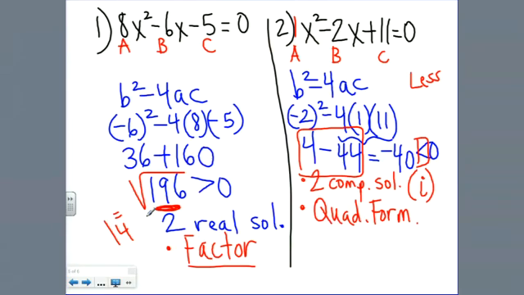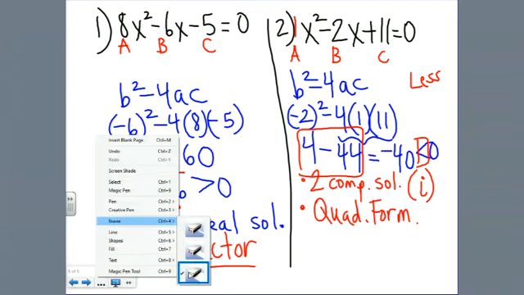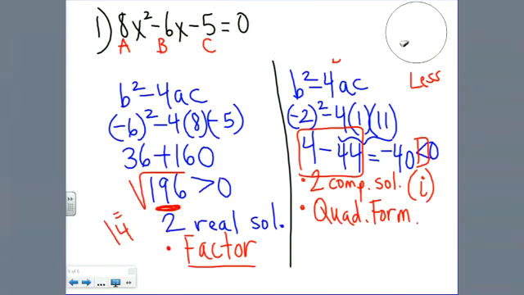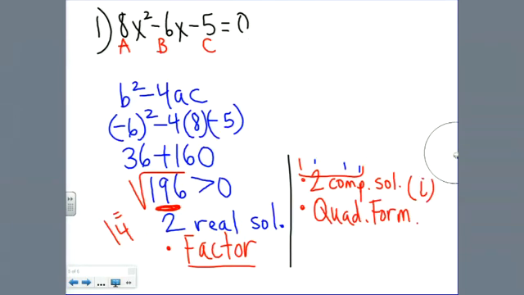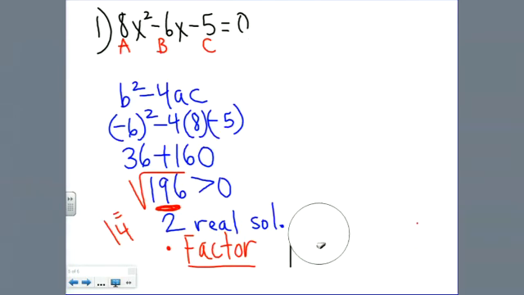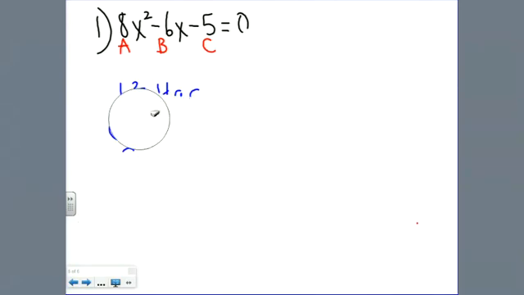Now, let's use the first quadratic equation to find the solutions with the quadratic formula. According to our discriminant, we should get 2 real answers without a radical.